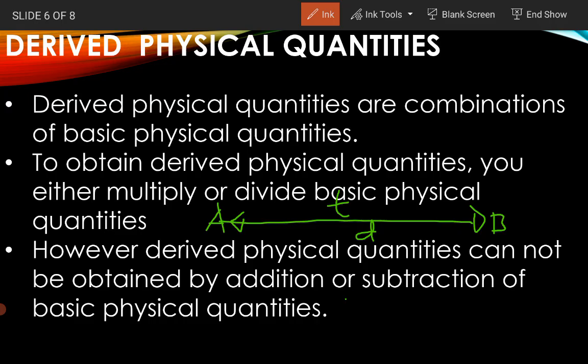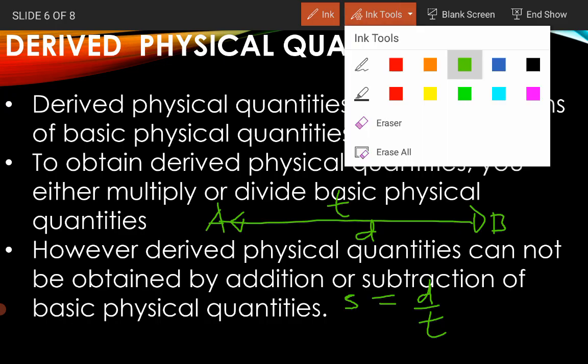We call that speed. Speed is simply distance divided by time. So here we are dividing one quantity by another. We are dividing distance by time. It will give us speed. Therefore, speed is a derived quantity.